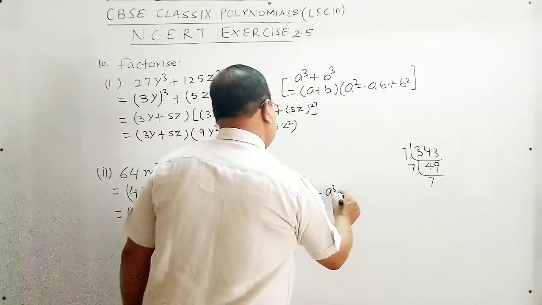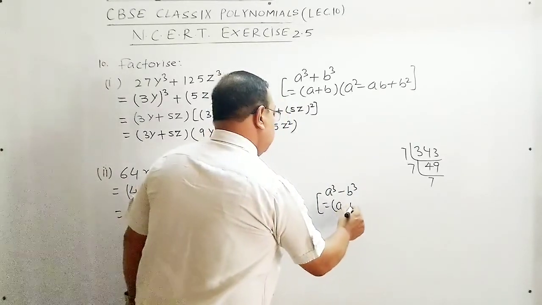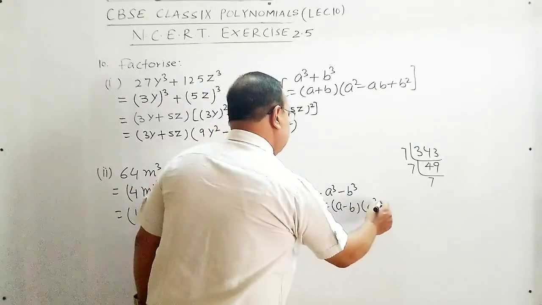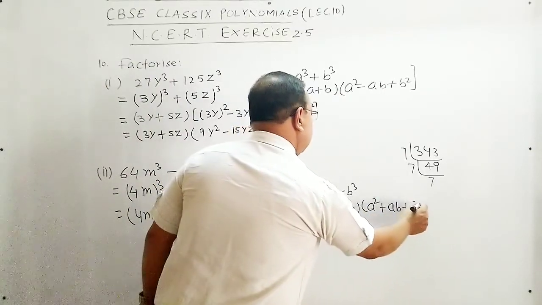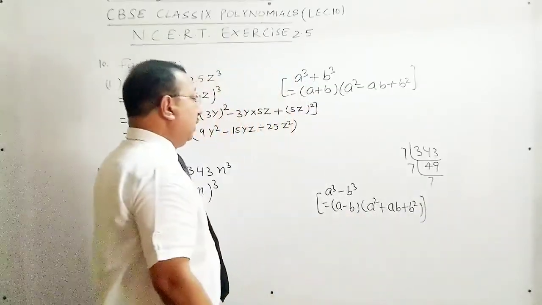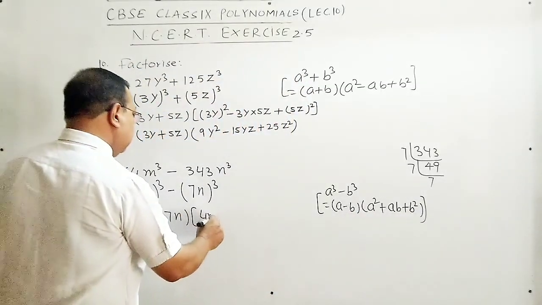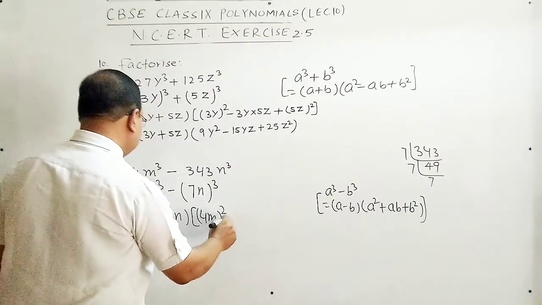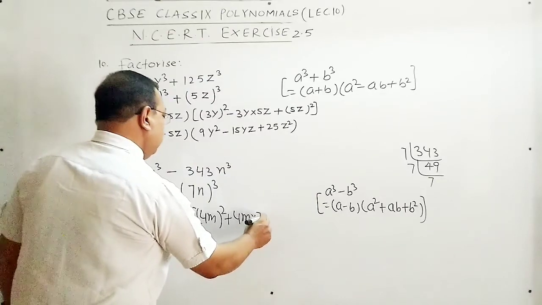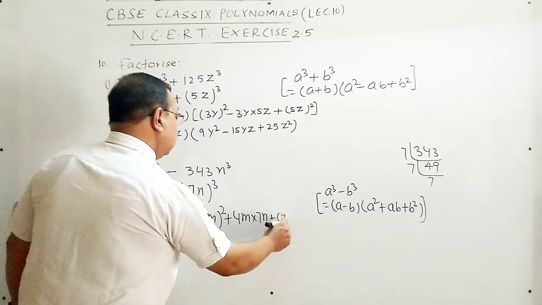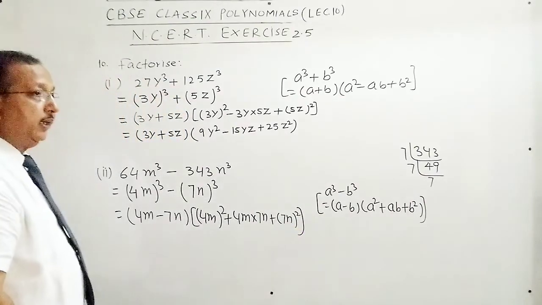a cube minus b cube is a minus b, next bracket a square plus ab plus b square. So this becomes a minus b, square of a plus a into b plus b square, that is square of 7n.